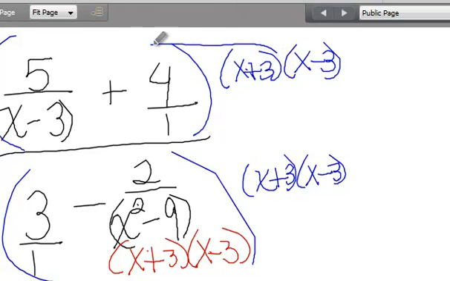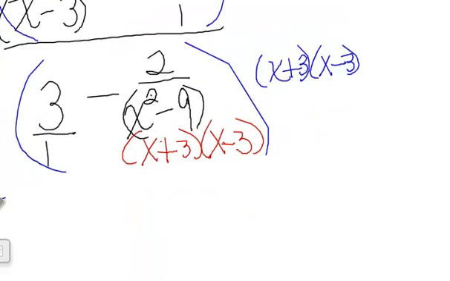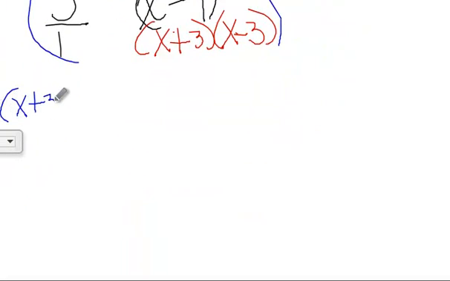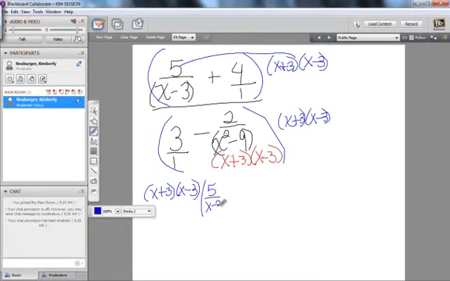You're going to distribute this over to the first fraction here, and it's going to give you x plus 3 times x minus 3 times the 5 over x minus 3. Then you're also going to distribute it here.